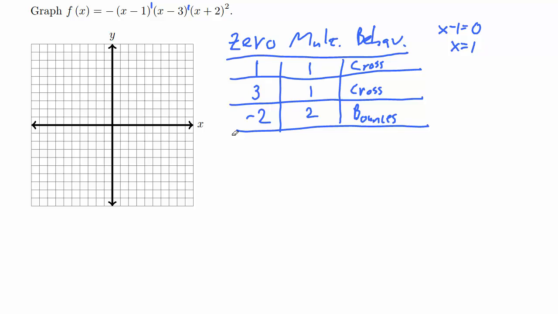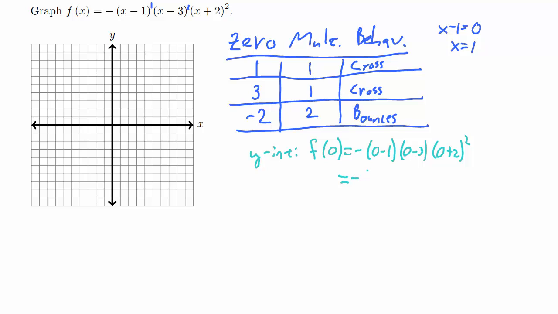Now the next thing we're going to need is the y-intercept. And this is actually the most difficult part of the question. If I do f of 0 here, what this really means is negative 0 minus 1 times 0 minus 3 times 0 plus 2 squared. Then you simply simplify it.